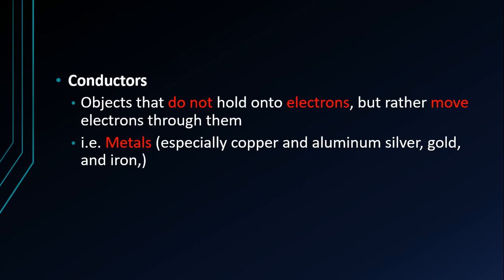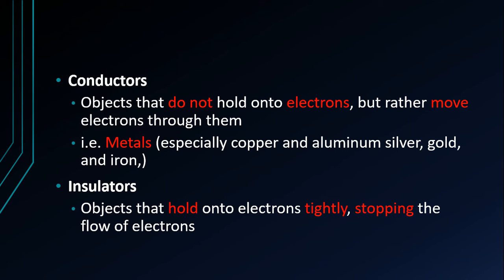What are conductors? Objects that do not hold onto electrons, but rather move electrons freely through them. For example, metals like copper, aluminum, silver, gold, and iron. As opposed to an insulator, which are objects that hold on to electrons tightly, stopping the flow of electrons.